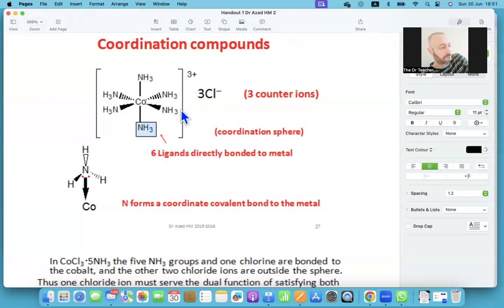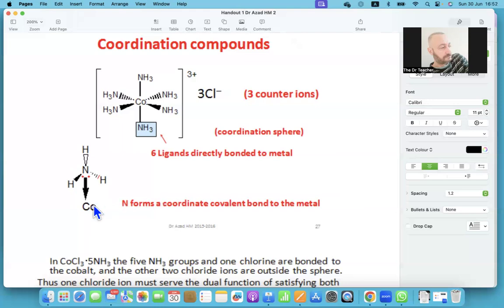Now you look at this compound where 6 amino groups are coordinated, dashed, wedge, line. You can see here 6 ligands: 1, 2, 3, 4, 5, 6. This is the coordination sphere. Whereas the 3 chloride ions outside are the counter ions.